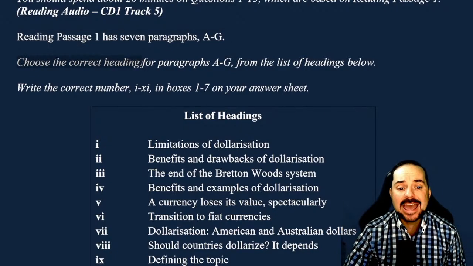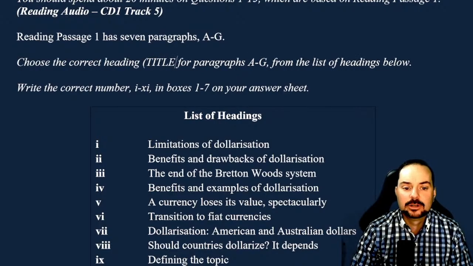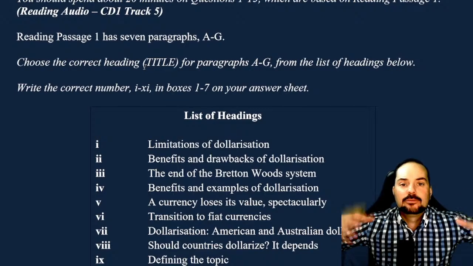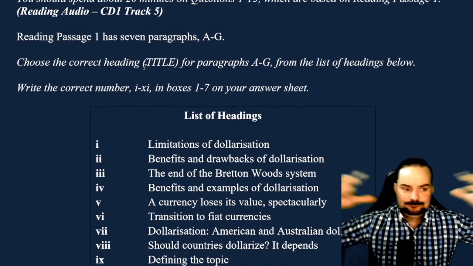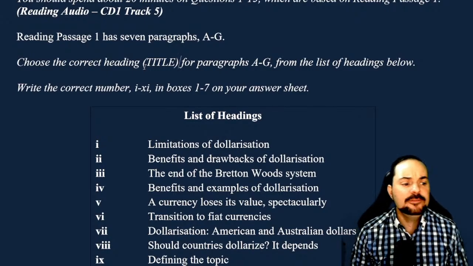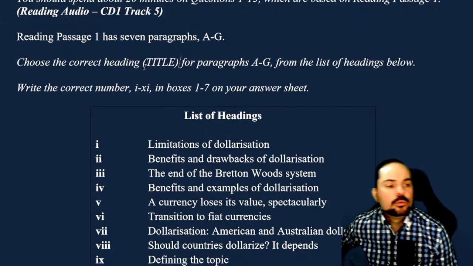Choose the correct heading for paragraph A to G from the list of headings below. When you're thinking about heading, think about the title. Okay, so basically it's like if I gave a title to this paragraph, what would that title be? Everybody followed me there? So if I gave a title to this paragraph, what would that title be?